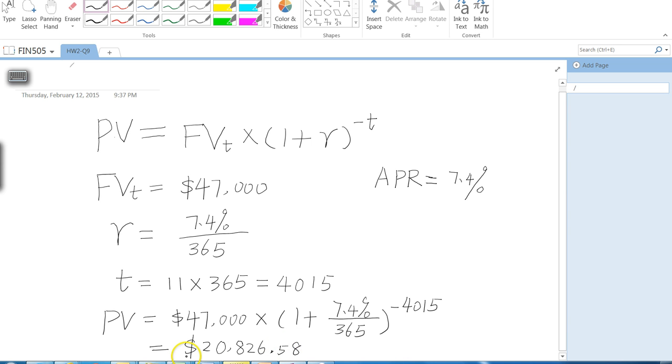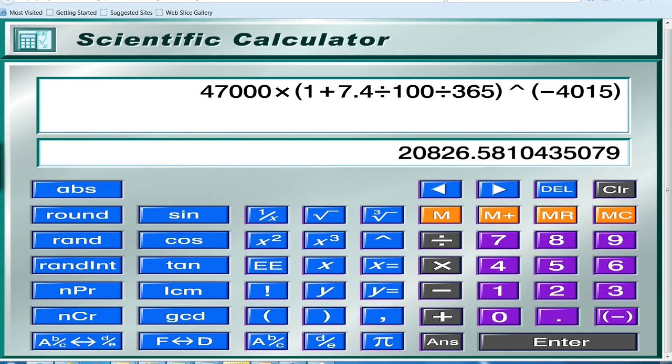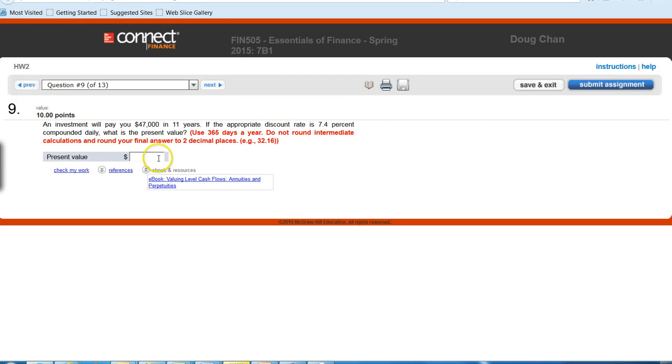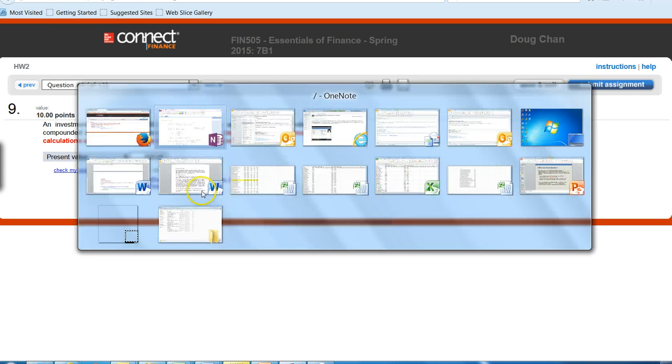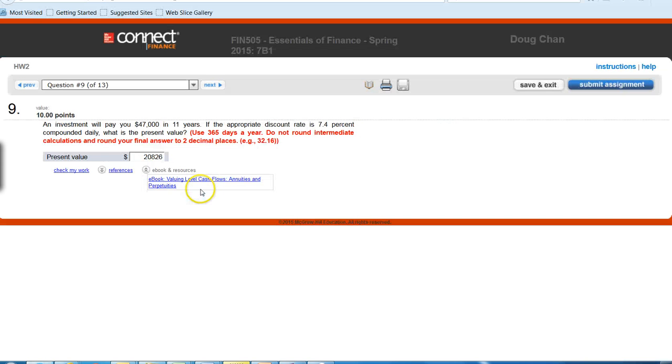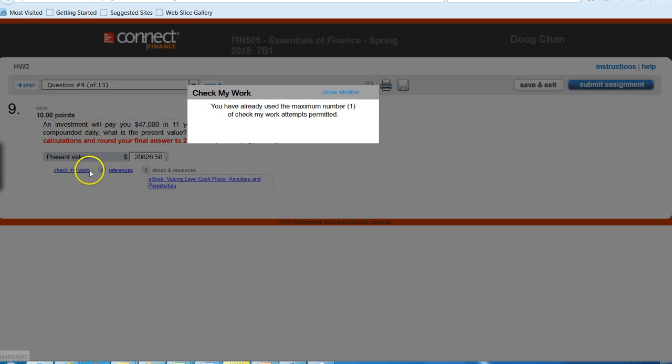So now let me get this number into our Connect site to check whether we have got the right number. So it's 28,026.58. Let me check my work and see whether we have got the right answer.